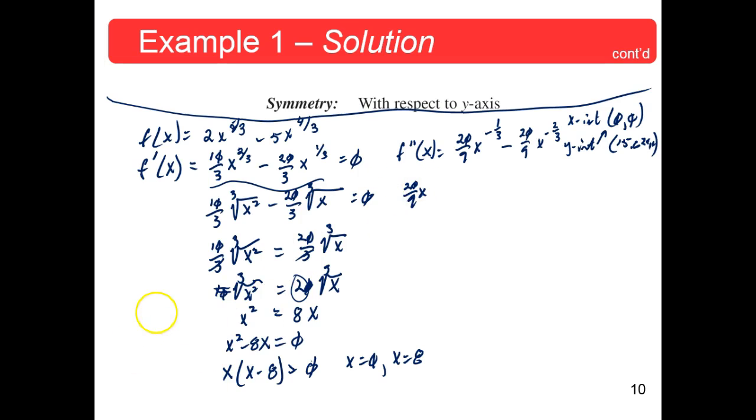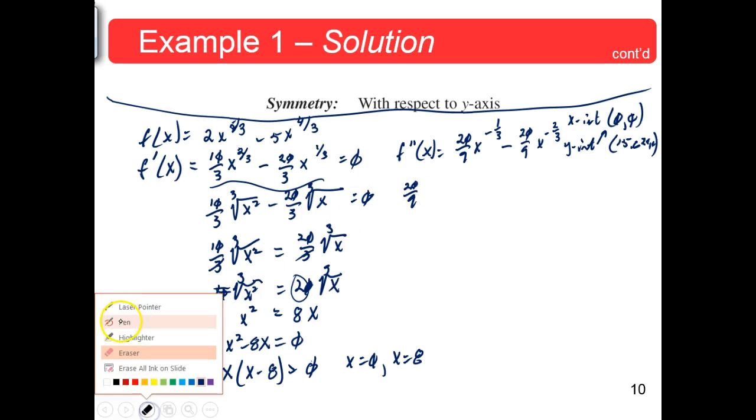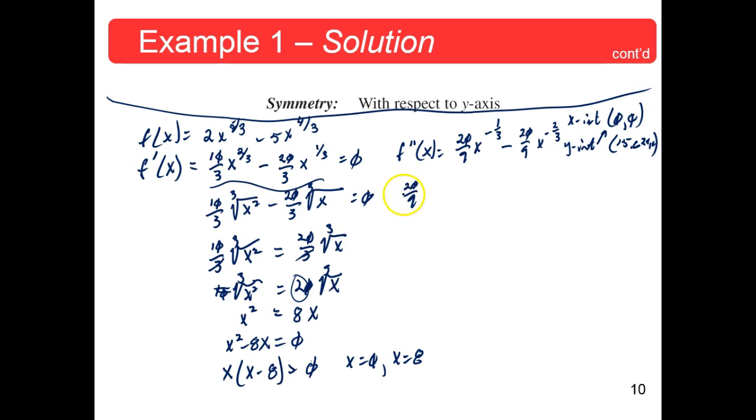Because I don't know if it's easy to work with, but it just feels like it might be. 20/9 times the cube root of x, minus 20/9 times the cube root of x squared, right? Let's set that equal to 0.